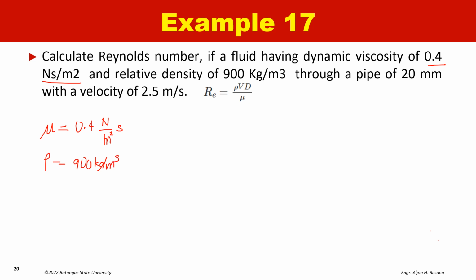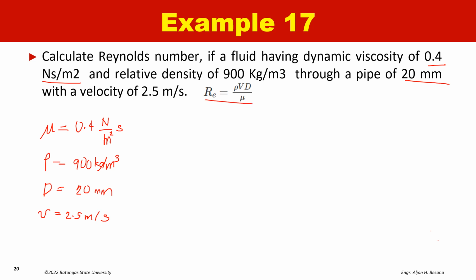Then through a pipe of 20 millimeter, so we have a pipe diameter of 20 millimeters and a velocity of 2.5 meters per second.